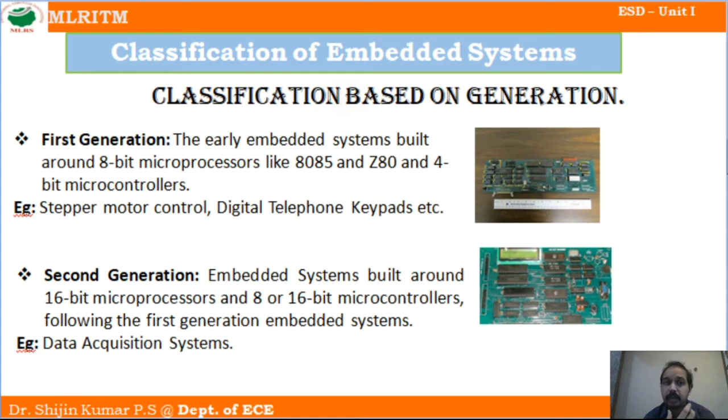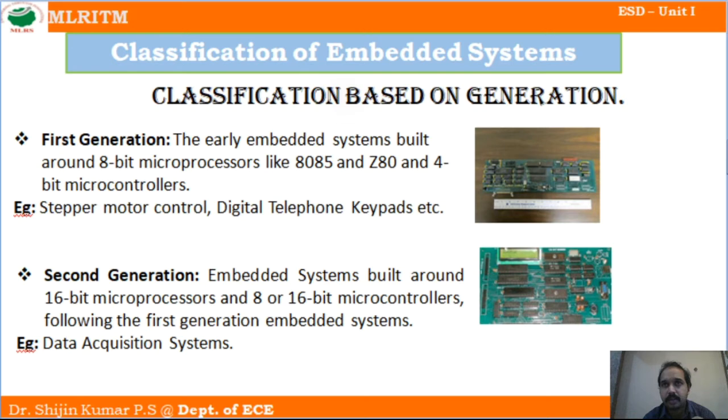Some examples for the first generation, the initial embedded systems, are stepper motor control, digital telephone keypads, etc.